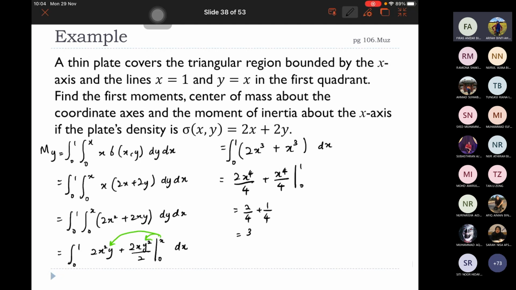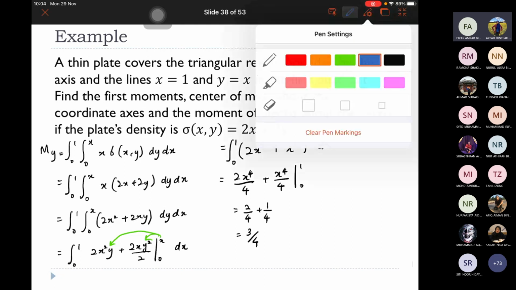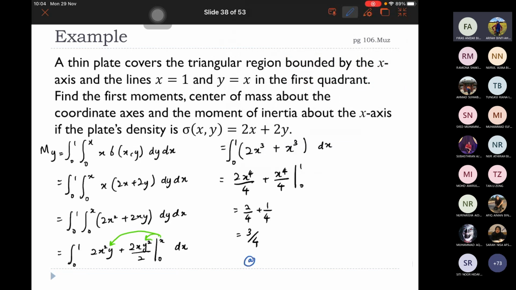So you get the answer 3/4. Atau kalau awak guna MY sama dengan integration 0 sampai 1, Y sampai 1, X darab 2X tambah 2Y dx dy, akan dapat jawapan dia sama dengan 3/4 juga.